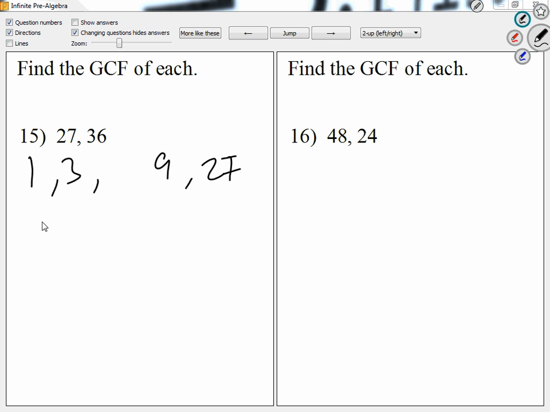Let me list all my factors of 36: 2 times 18, 3 times 12, 4 times 9, and then 6 times 6. There's all my factors of 36, and there's all my factors of 27. Which one's the greatest common factor? 9.